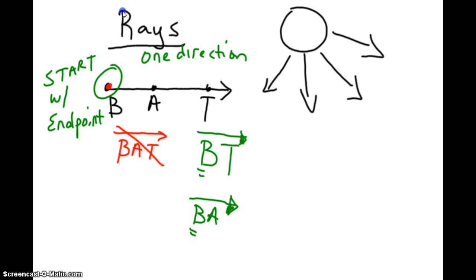So our only two available labels for this ray are going to be BT because it starts with the endpoint, and BA because it starts with the endpoint, and it's indicating that the ray is going on and on in one direction, either from B to T or B to A. But it always starts at the endpoint.